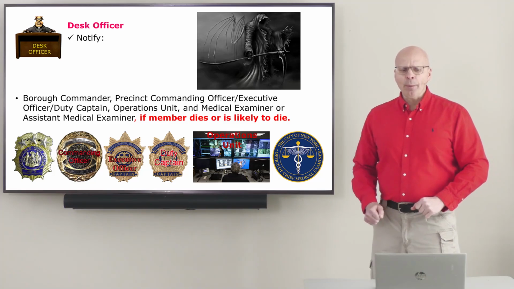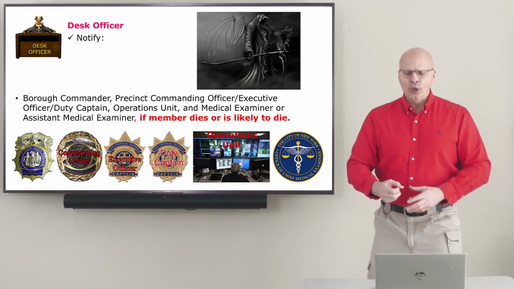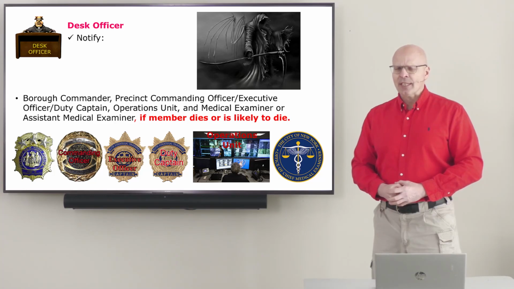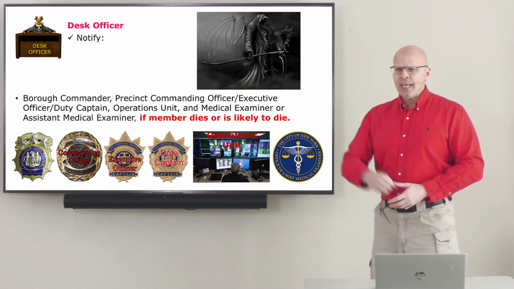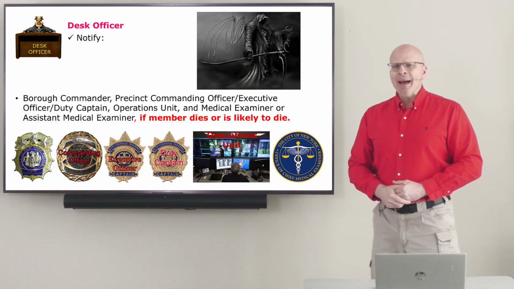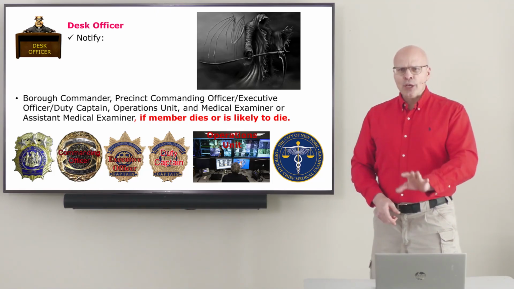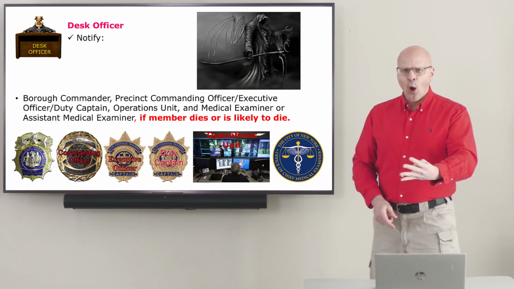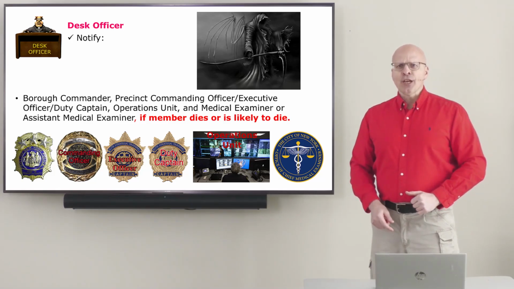The desk officer will be required to notify 1, the borough commander, 2, the precinct commanding officer, executive officer, or duty captain, 3, the operations unit, and 4, the medical examiner or assistant medical examiner. So please note, the desk officer is making a notification to these 4 units or individuals if the member dies or is likely to die.